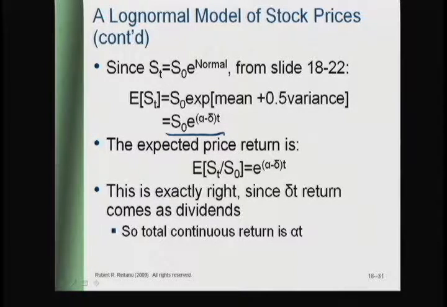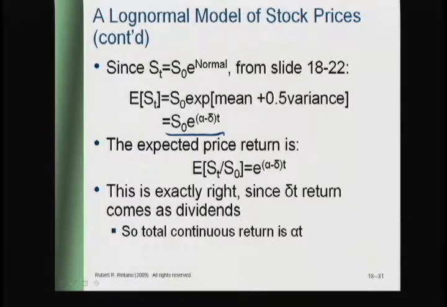Now this may surprise you, because you can also think of this as saying that the return implied by this expected value is alpha minus delta times t. And that may surprise you, because you may have been thinking that the return on the stock was alpha t, and instead it's alpha minus delta t.